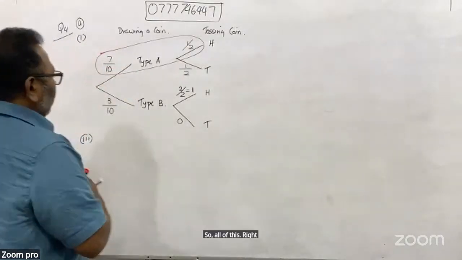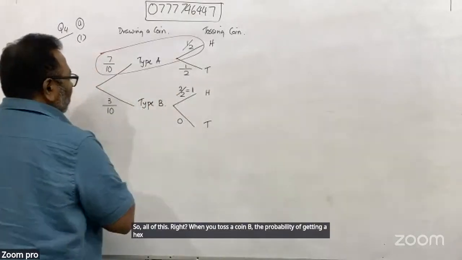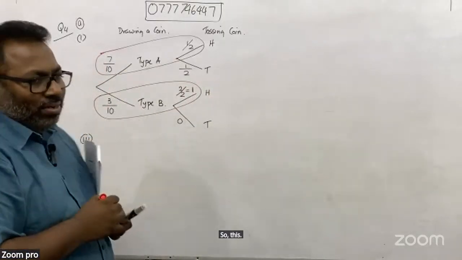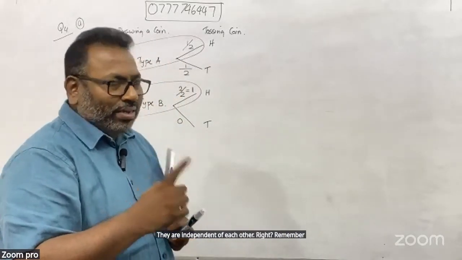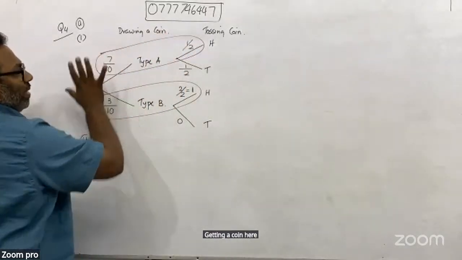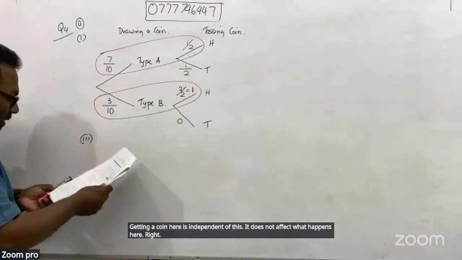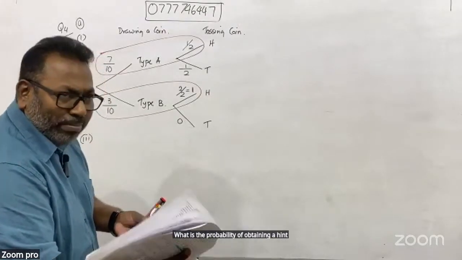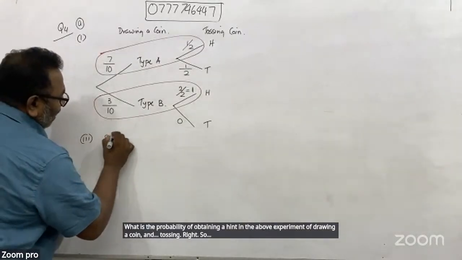When you toss a coin B, the probability of getting heads is this. They are independent of each other. Remember when we did probability, getting a coin here is independent of this. It does not affect what happens here.